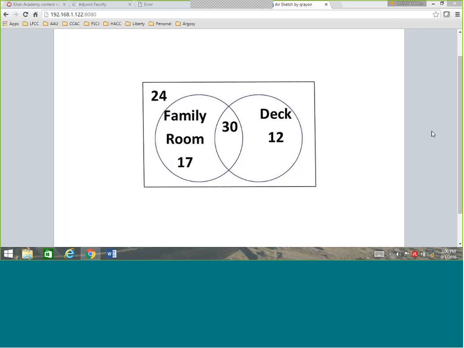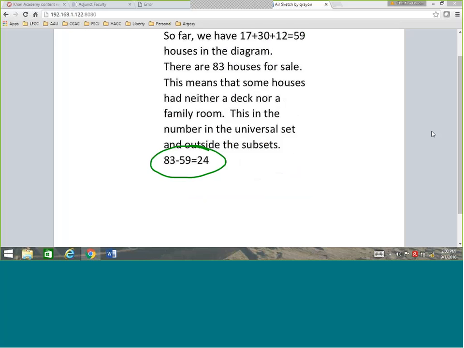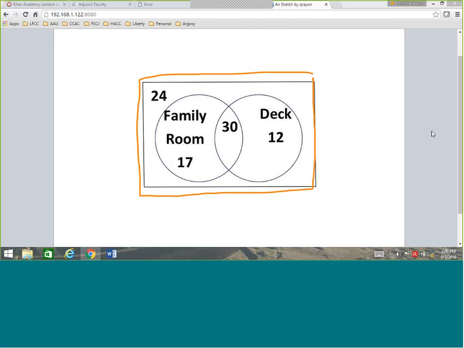I need to check that my deck circle has a total of 42. I need to check that my entire diagram has the total of, what was it, 83. So add up all the numbers in the box, and make sure it totals 83. Double check things like that before answering questions to make sure you didn't miss anything.